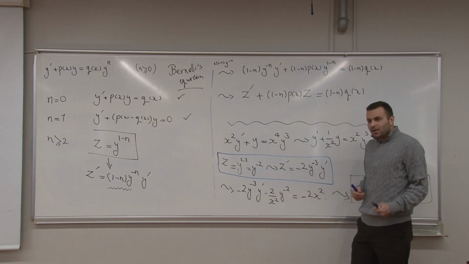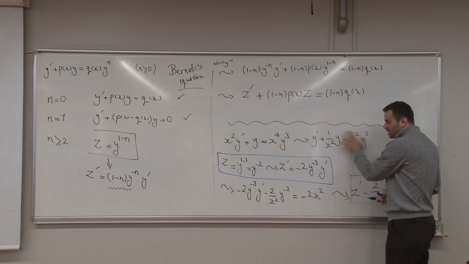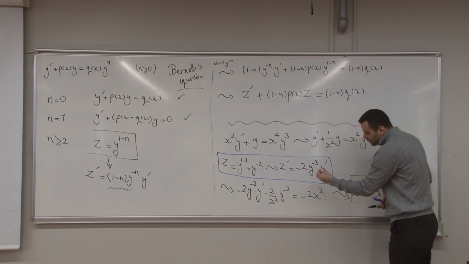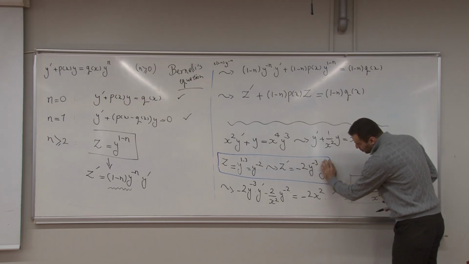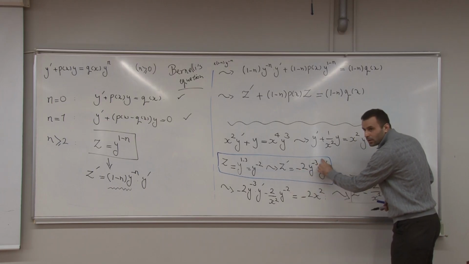In order to use this, I need to manipulate this equation, right? How can I manipulate that? Multiply everything with the coefficient of y prime here, so minus 2 times y to the power of minus 3.